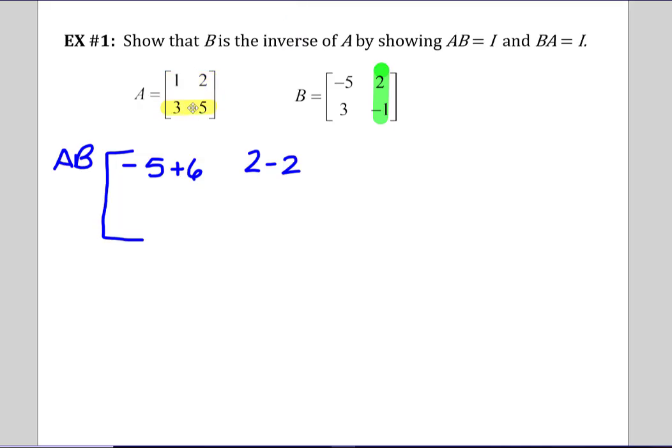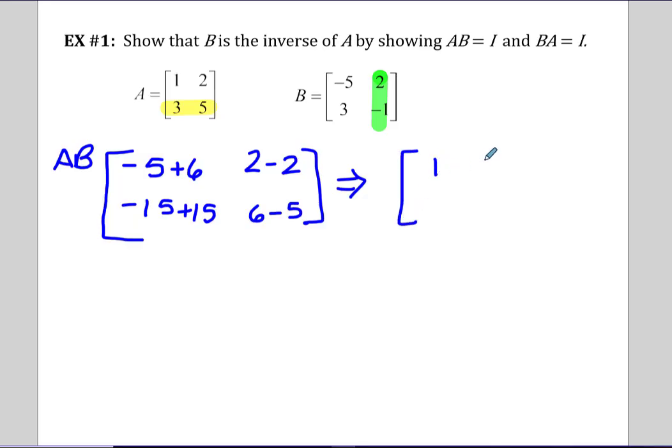Then moving our highlighted portions to row 2, column 1, we have 3 times -5, so -15 plus 15. And then our last multiplication with row 2, column 2, we have 3 times 2 and 5 times -1. So you can see that A times B gives us 1 here, 0 here, 0 here, and 1 here. So A times B does give us the identity matrix.